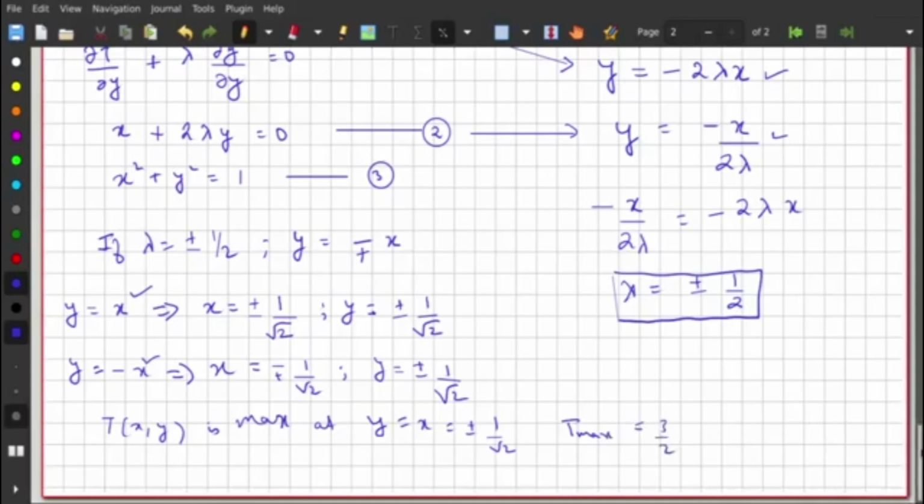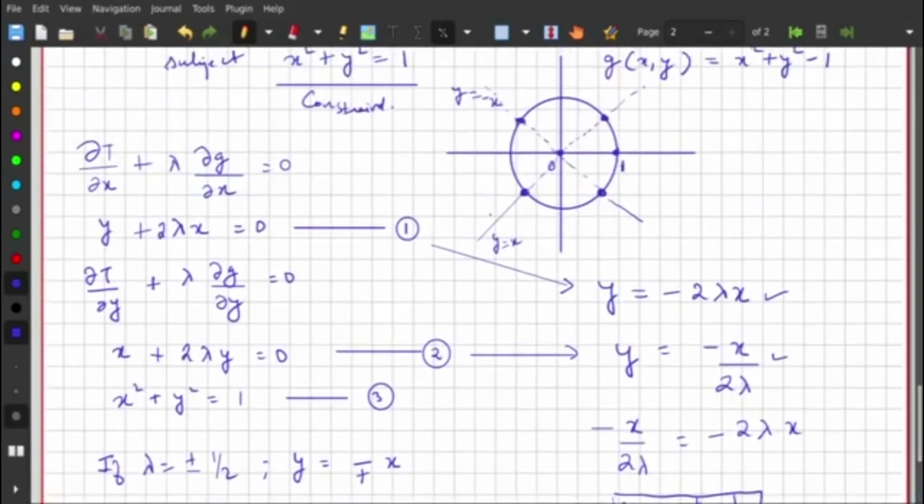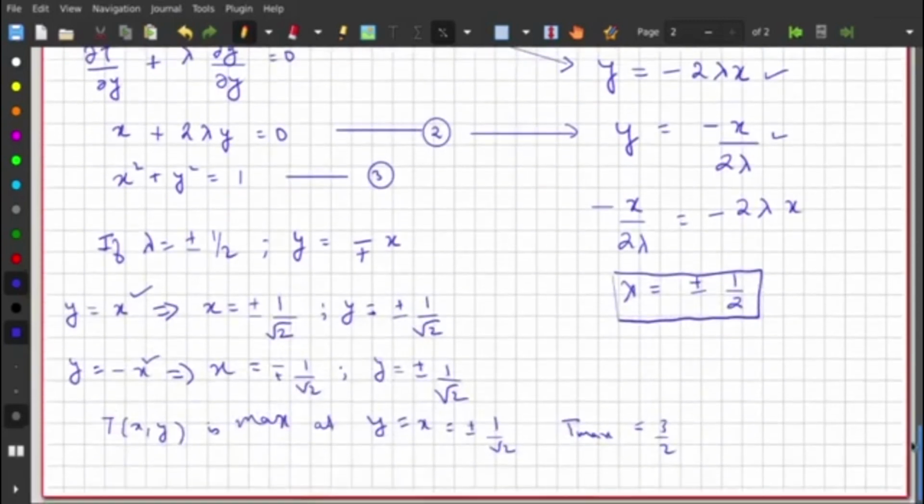So t is maximum on these two points along this line, and the maximum value of t is 3/2.